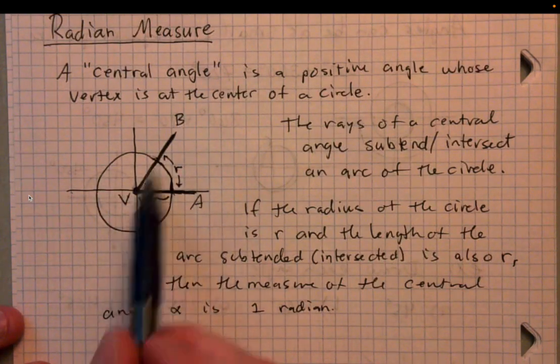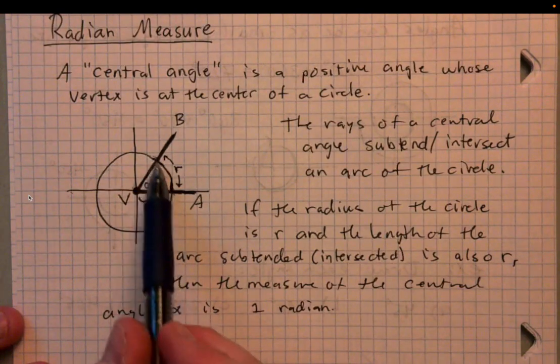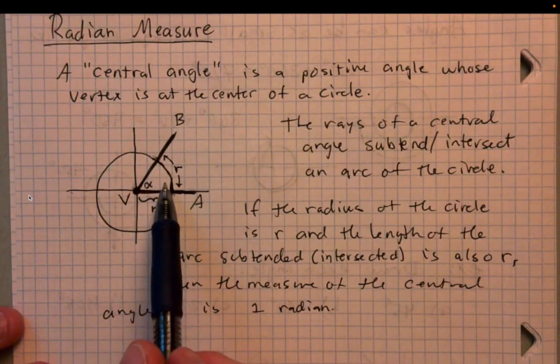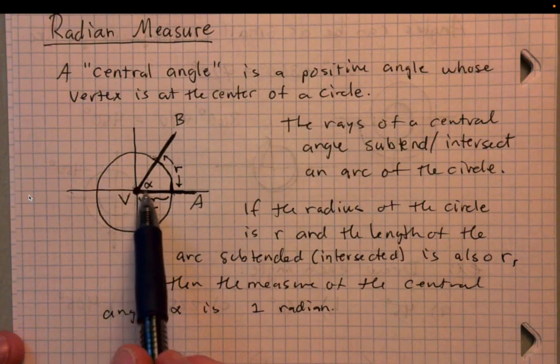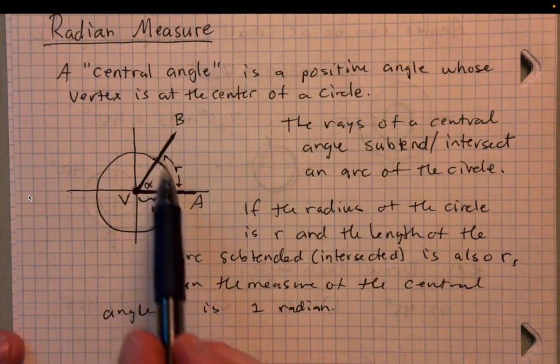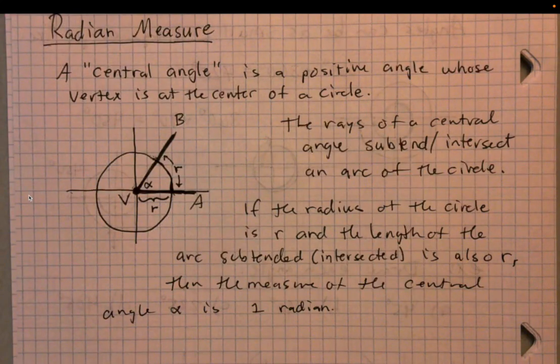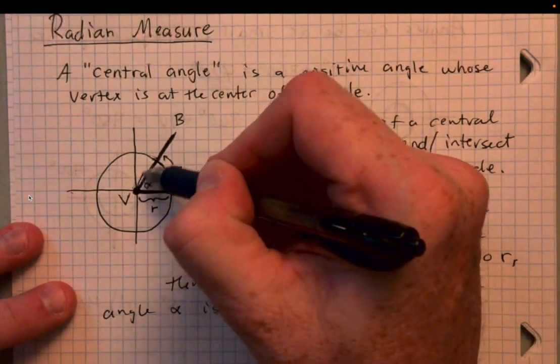That angle is naturally going to have some rays, and those rays are going to denote an arc. And so if the circle has radius r and the arc length is also r, then that angle is 1 radian.